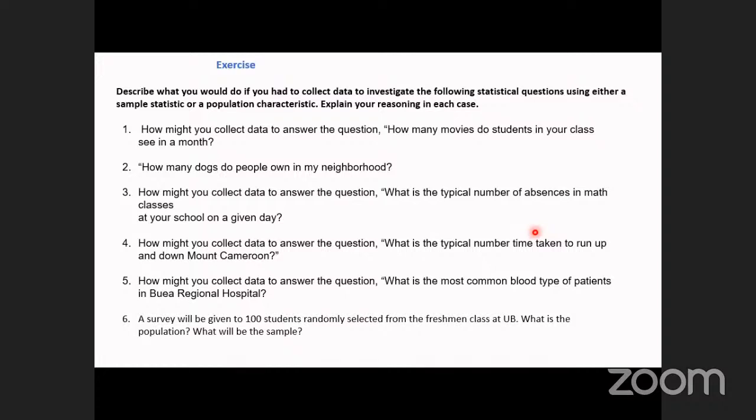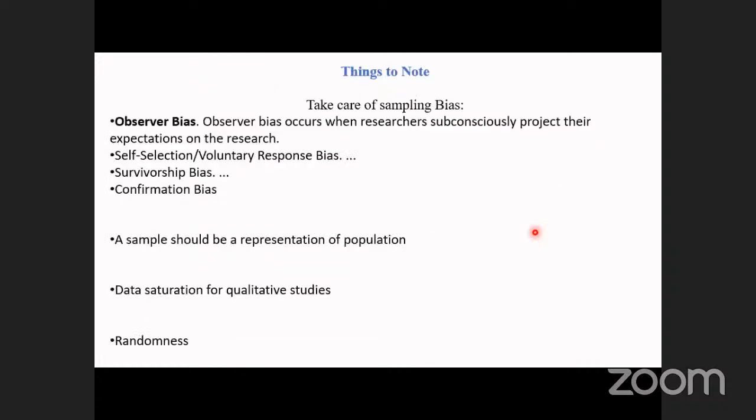Data saturation. Yes, data saturation is an aspect in qualitative research. There are so many terms that you need to get. Let's assume that you want to collect data and you are using qualitative instruments. The opinions that you get from 10 persons, if you go for 50 persons, you might not have a significant difference from what the 10 persons have already provided.